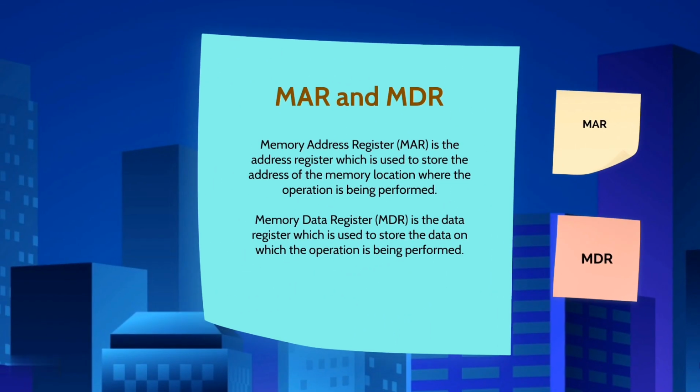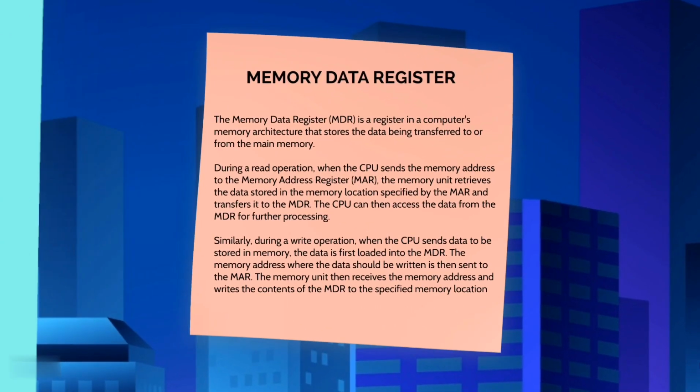Thank you. The Memory Data Register, also known as MDR, is a register in a computer's memory architecture that stores the data being transferred to or from the main memory. During a read operation, when the CPU sends the memory address to the memory address register, also known as MAR, the memory unit retrieves the data stored in the memory location specified by the MAR and transfers it to the MDR.